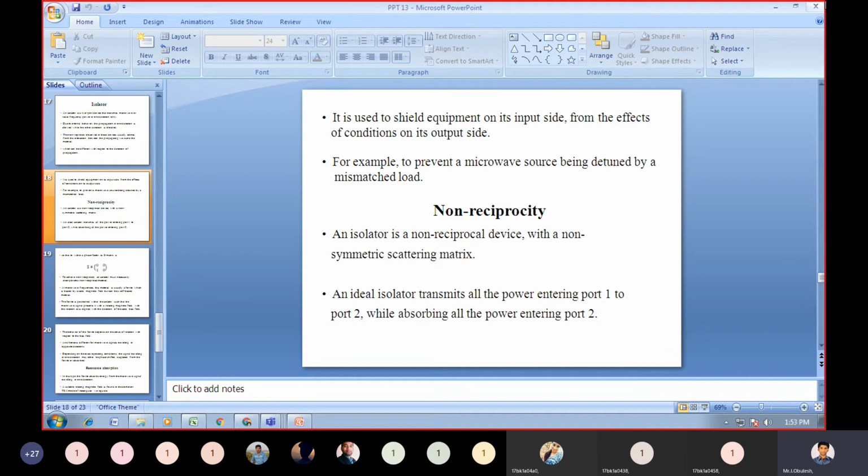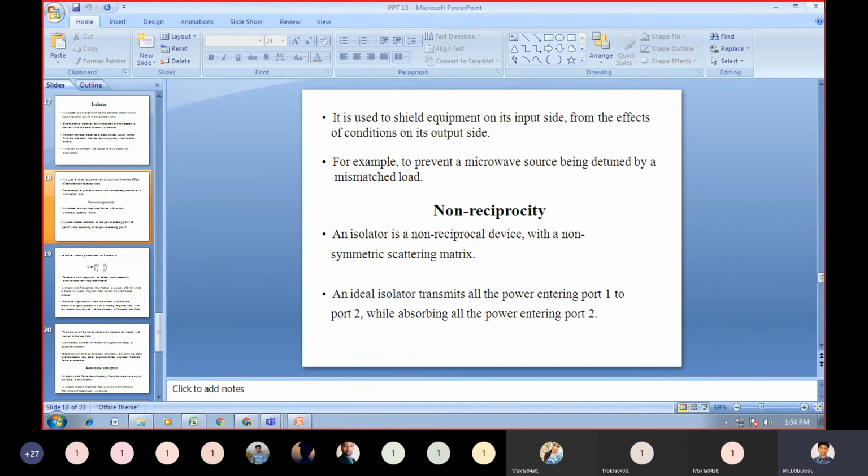An ideal isolator transmits all the power entering port 1 to port 2, while absorbing all power entering port 2.